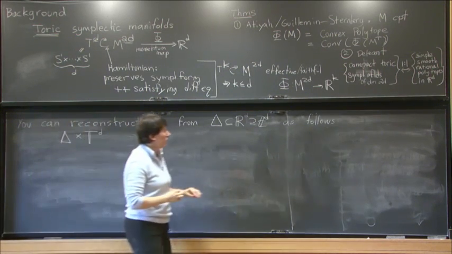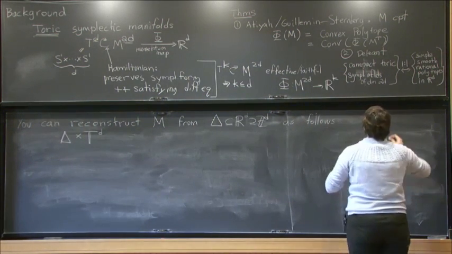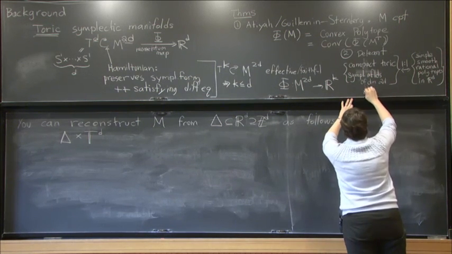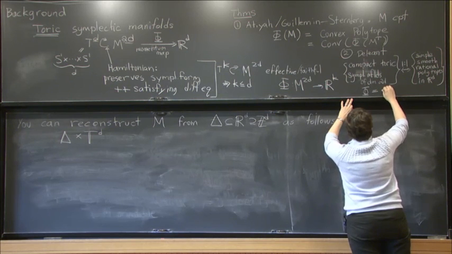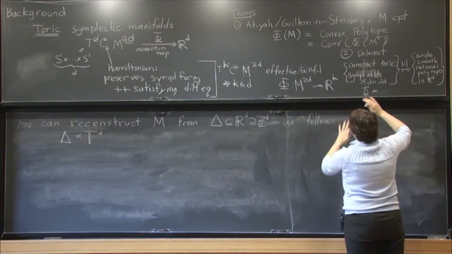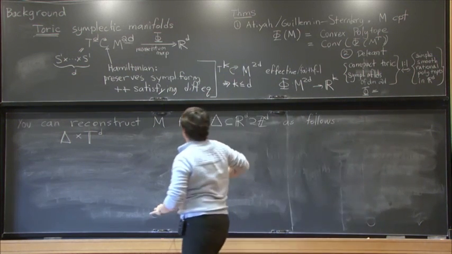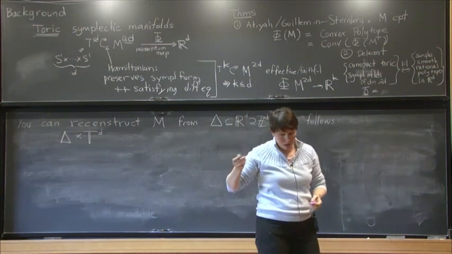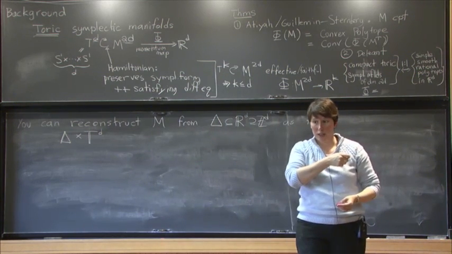What I should have said before is that in this special case, the momentum map always has to take orbits to a point. And so I can think of the momentum map as a map from the orbit space to the convex polytope.